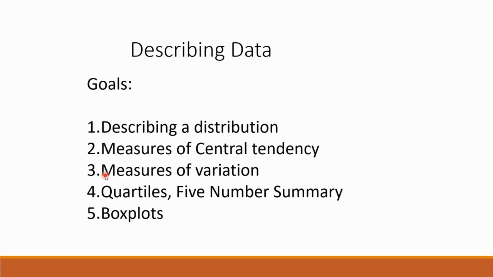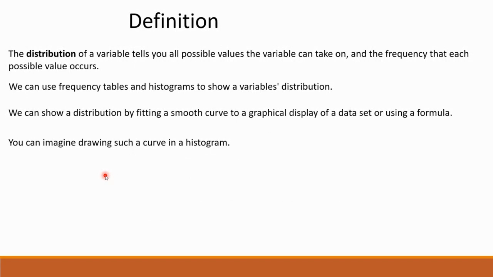All right. So what is a distribution? Well, it's basically the distribution of a variable. You're specifying all the output from the variable, all possible values the variable can take on, all possible values it can give back, and the frequency of each possible one.